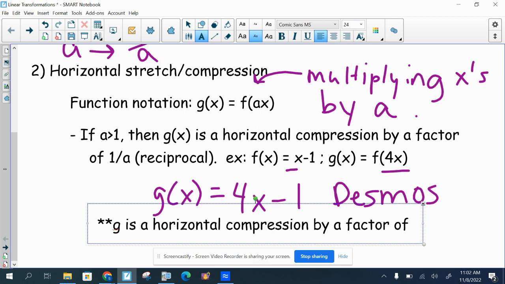What would be your factor here? Fisher? 1/4, 0.25, yeah. So 1/4.